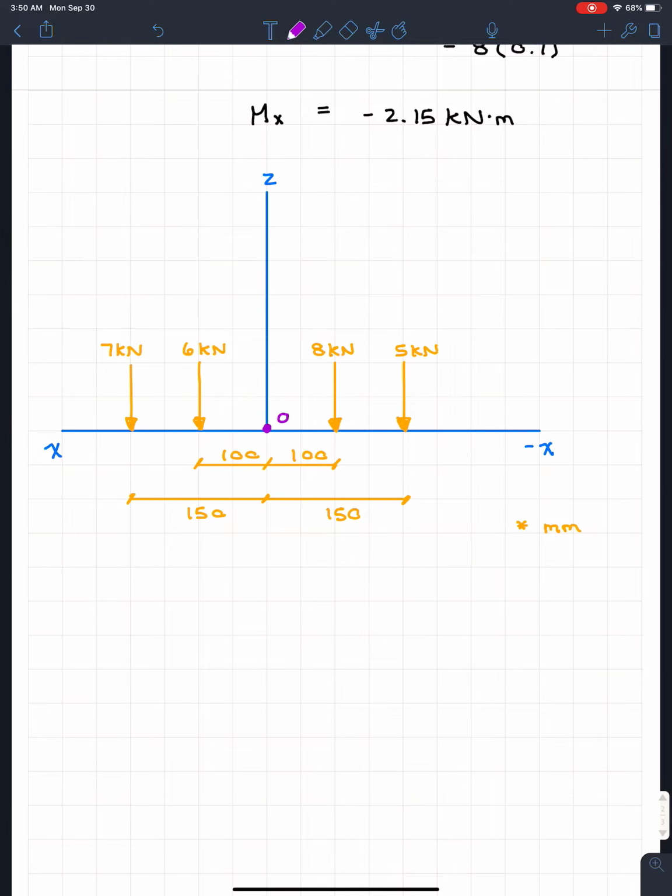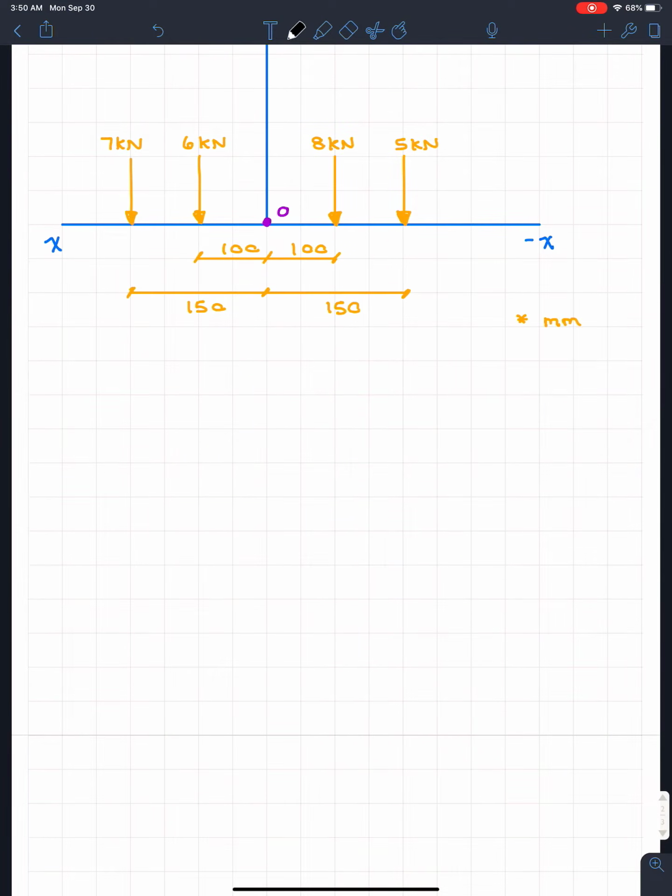I'm just going to put O, and I can sum the moments about O. Taking it for all those forces, working our way from left to right, we got 7 times 0.15 plus 6 times 0.1 minus 8 times 0.1 minus 5 times 0.15.